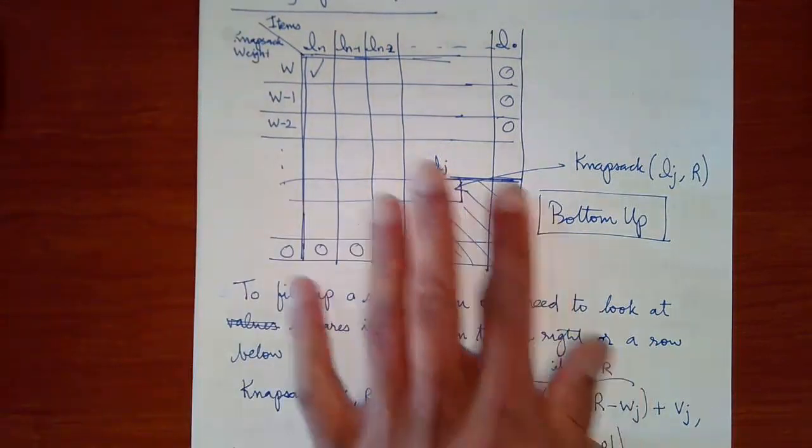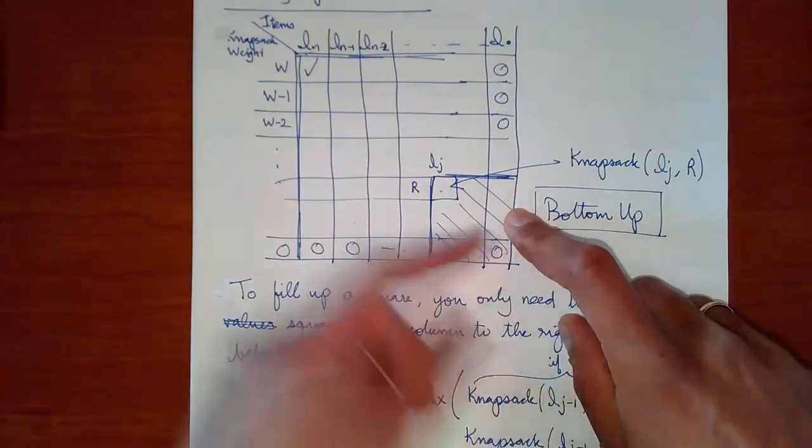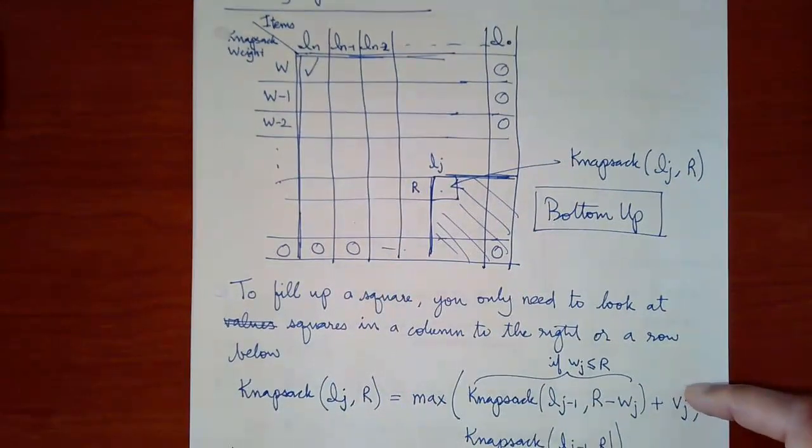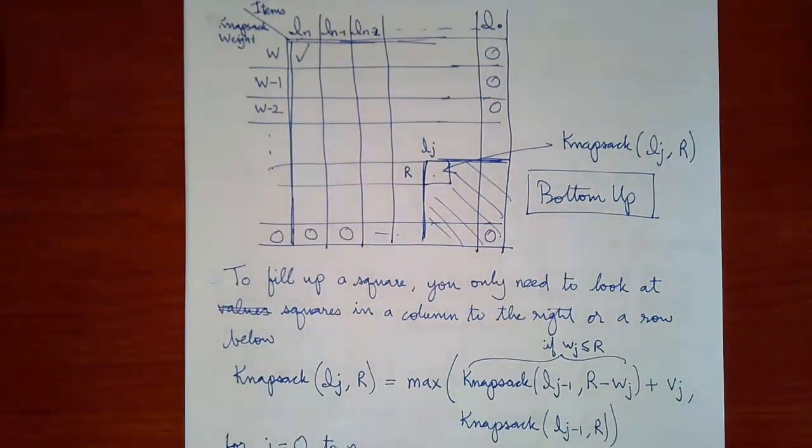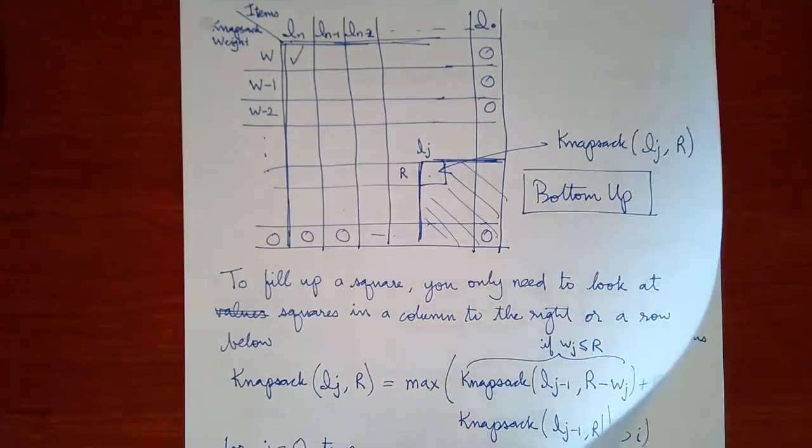We solve this bottom up, and then we use the recursive formula to determine what the answer is. So we build this table. Any questions about that? If not, then let's continue.